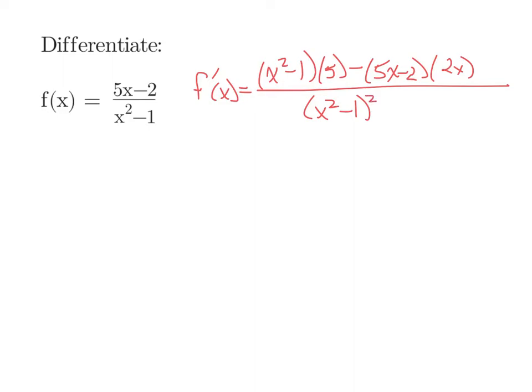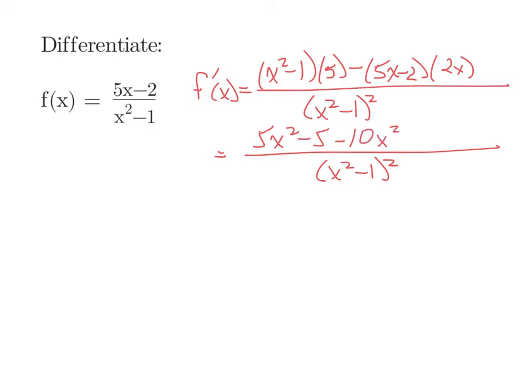Now, when we simplify this, what we're really going to do is just clean up the numerator quite a bit. But I'm going to leave that denominator as x squared minus 1 squared. We'll be left with 5x squared minus 5 and minus 10x squared plus 4x.